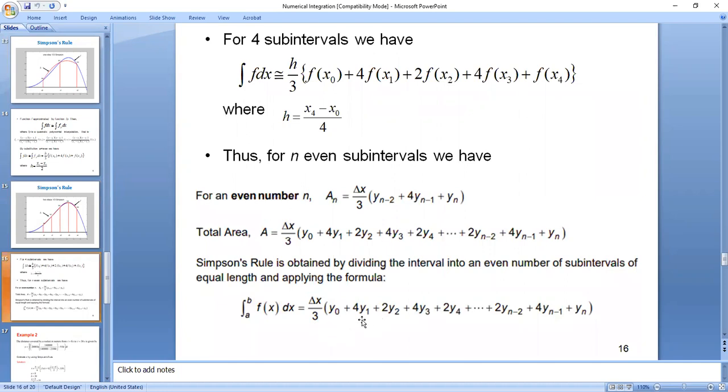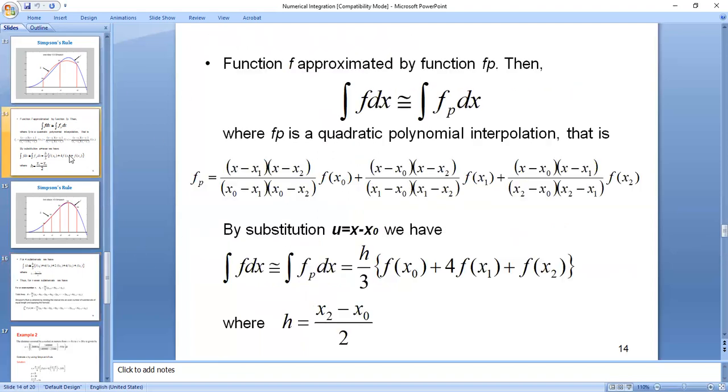Now you have here, as you can see, 4, 2, 4, 2, 4, 2, ends with 4, and the last does not have a multiplier anymore. Okay? This is your delta x. Your delta x is your upper limit minus lower limit divided by 3. The delta x that you will increment here is solved using this formula here.